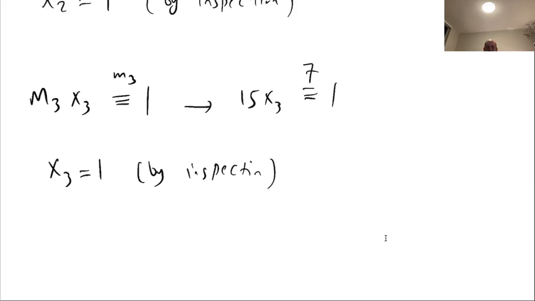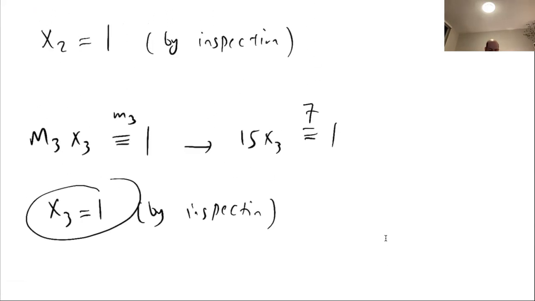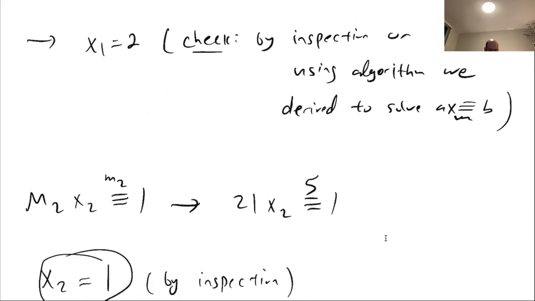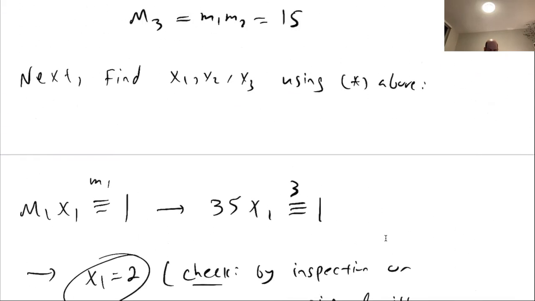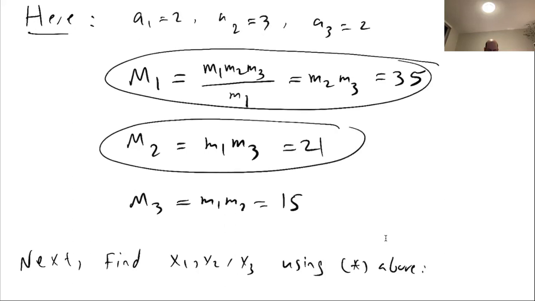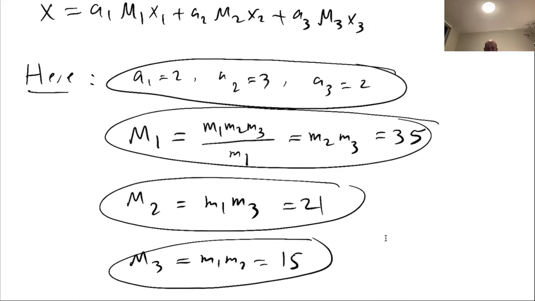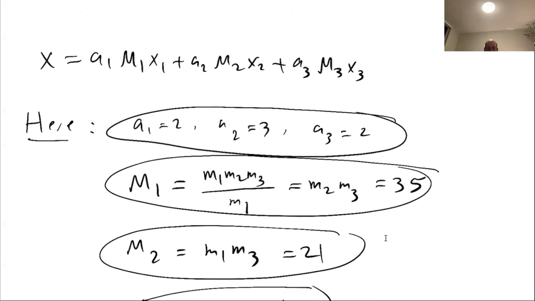Why? Because 15 times 1 is 15, and 15 is 1 mod 7, because 15 minus 1 is 14, which is divisible by 7. So there you are, we found X3, X2, X1. We also found M1, M2, M3, and A1, A2, A3. These are all the numbers that we need to find X.